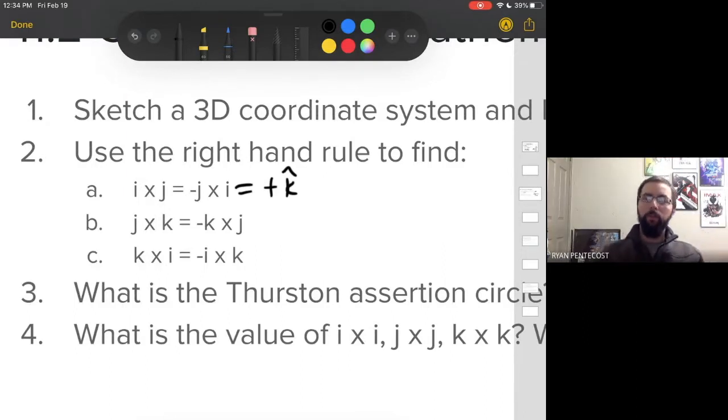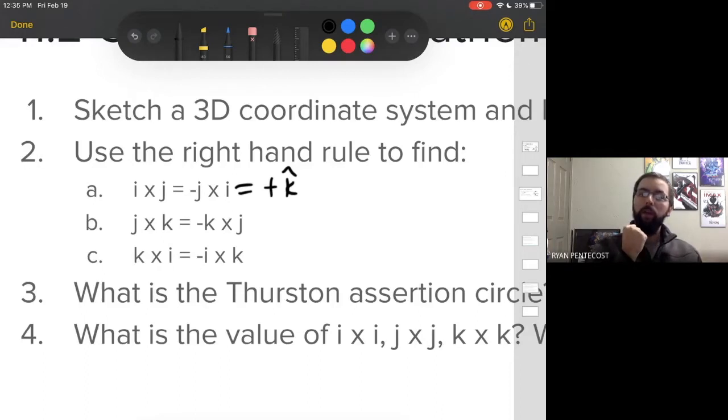Next, we have positive j crossed with k. So positive k is towards us, right? No, I'm sorry, positive j is up. That's why that's not working. Positive j is up. Positive k is towards us. So your thumb now points to the right, okay, which would be positive I. Now we have negative k.